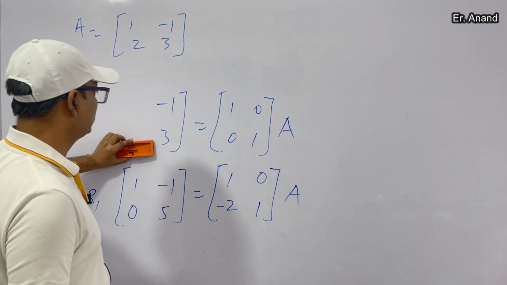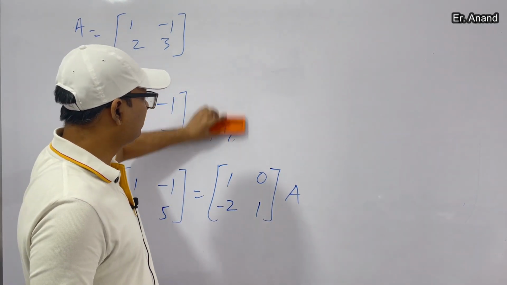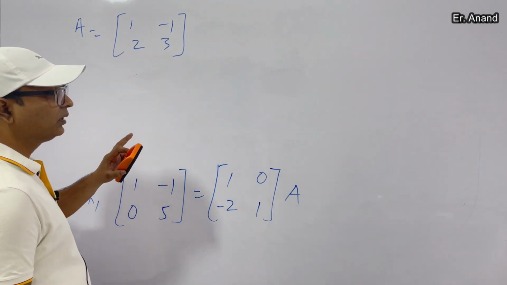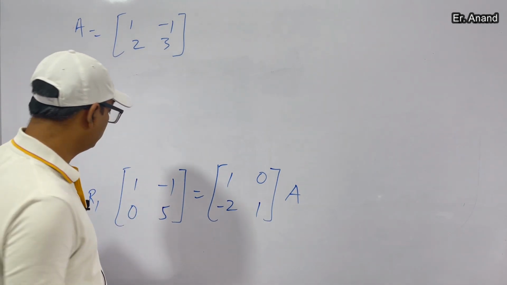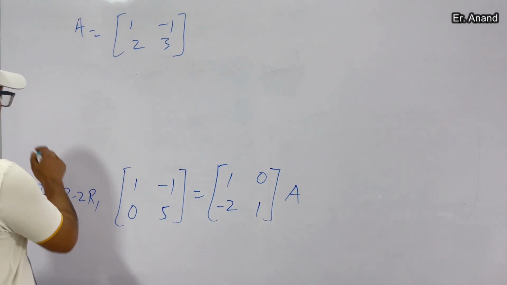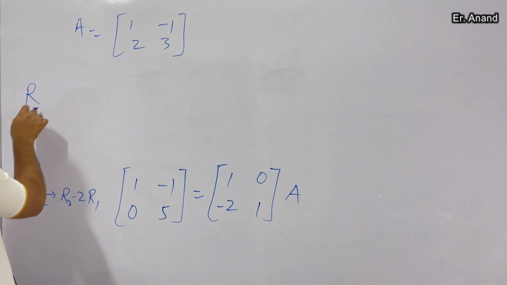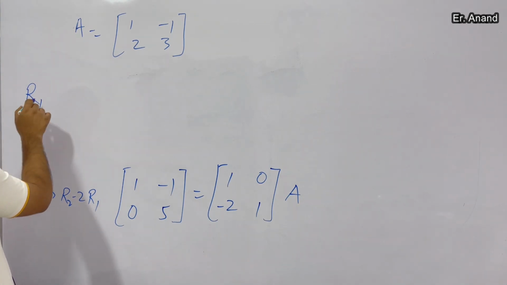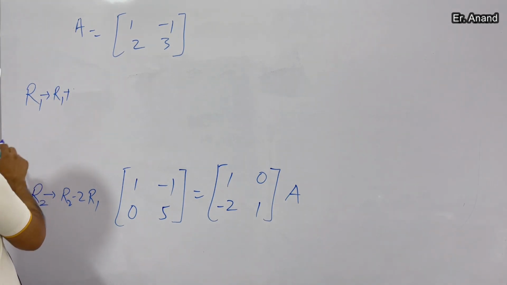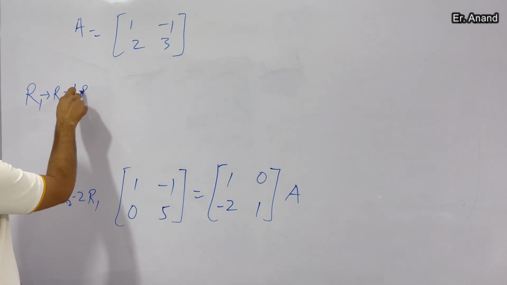Now let's see the second one. What our goal is? Our goal is to make this matrix equal to an identity matrix of order 2. So this is 0, now we have to make this 0. How can we make this 0? See, if we do the operation on row 1, where we add row 1 with 1 by 5 of row 2.